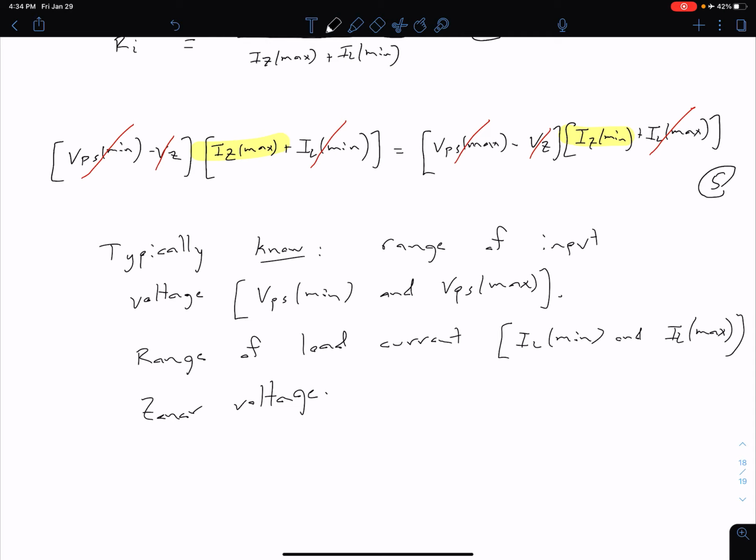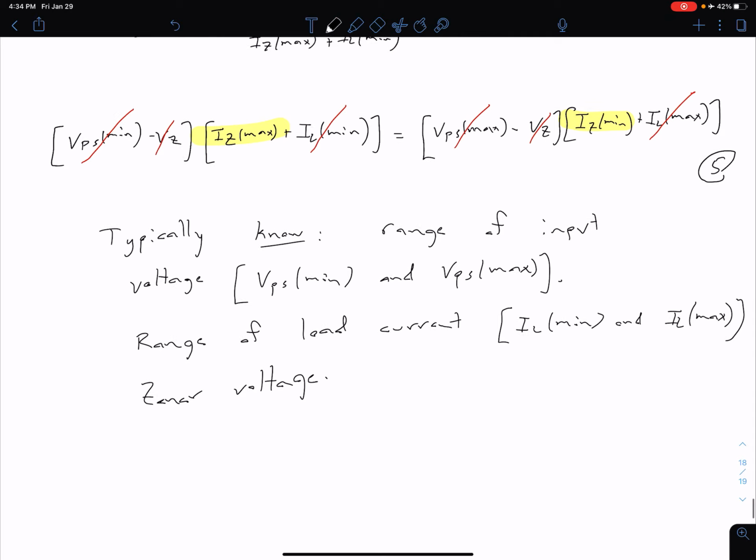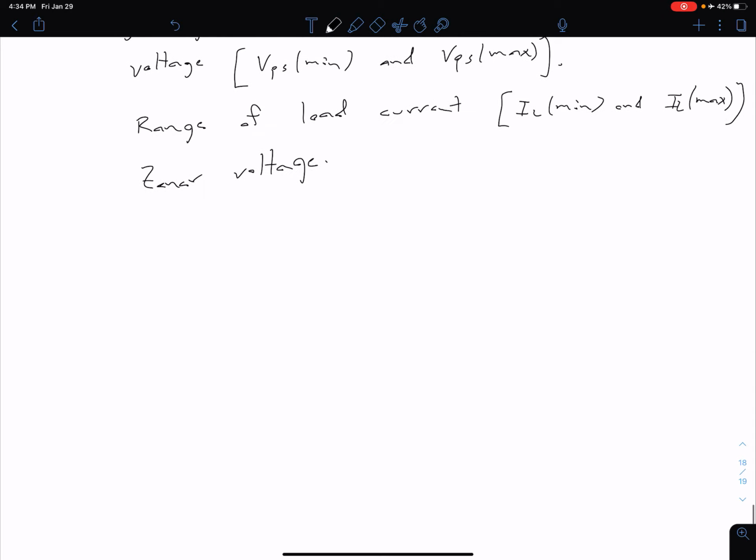To make this equation more useful, we can make some minimum requirement. For our minimum requirement, let's somewhat arbitrarily say that IZ min is equal to 1/10 of IZ max. So IZ min equals 0.1 of IZ max.